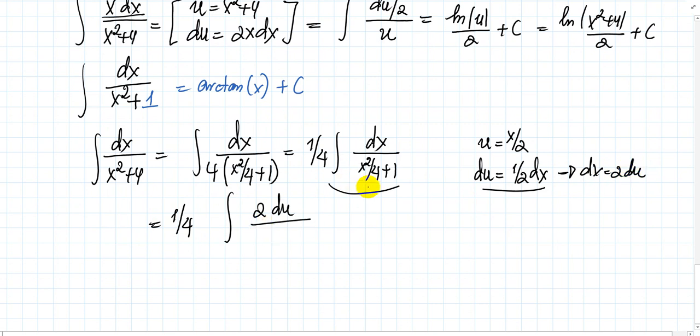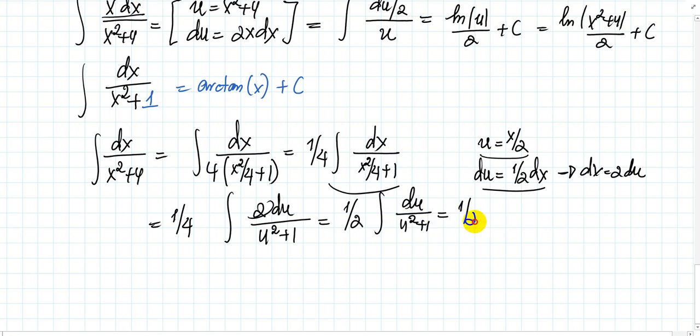Divided by, what is x squared over 4? It is u squared, right? Because u is equal to x over 2, then x squared over 4 is u squared, plus 1. Now let me take out this 2 from the integration. It will be 1 over 2, integration of du divided by u squared plus 1. What is this? Arctangent of u, right?